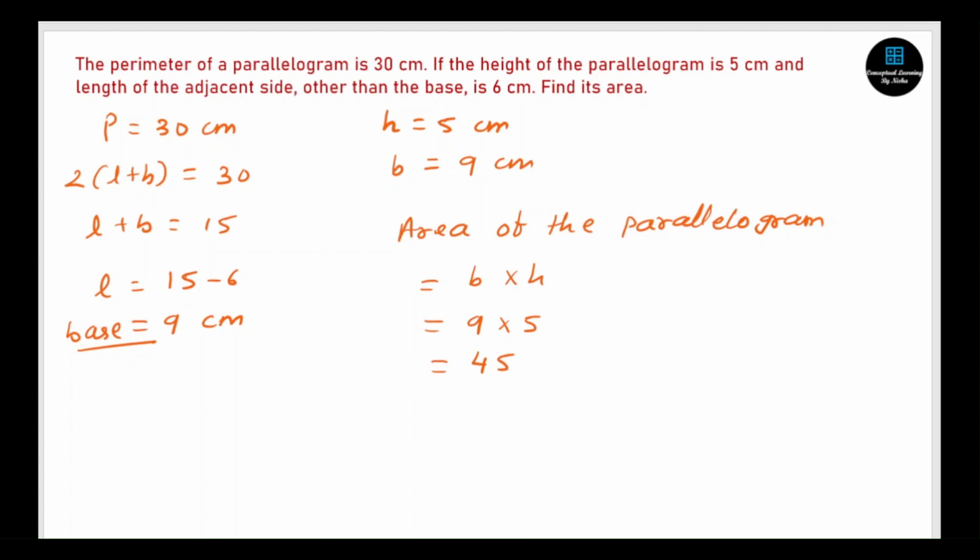Here again a very common mistake: students don't write the unit properly. Avoid mistakes like this: when you have to find the length and breadth, divide both sides by 2 first, so that you get the simplified equation.